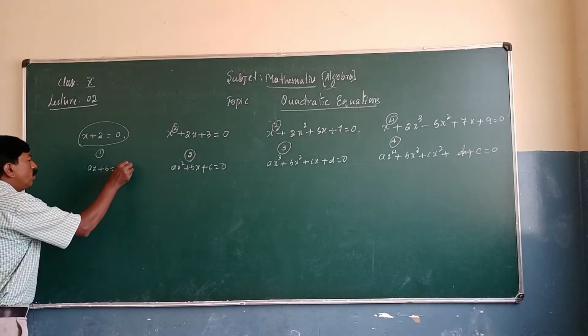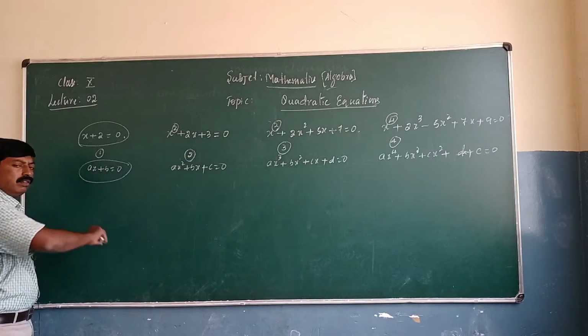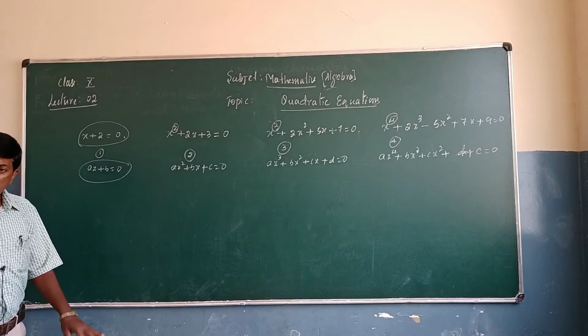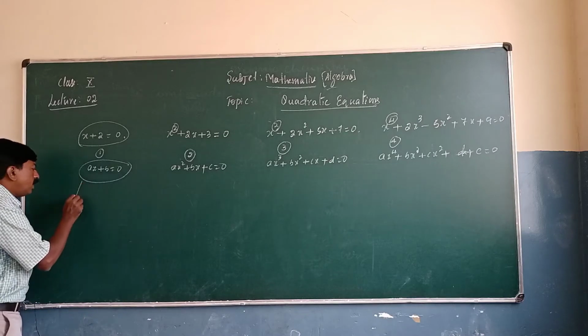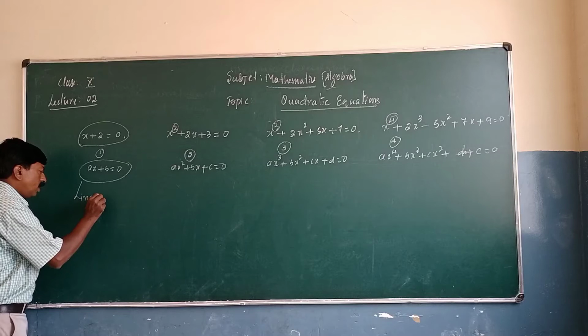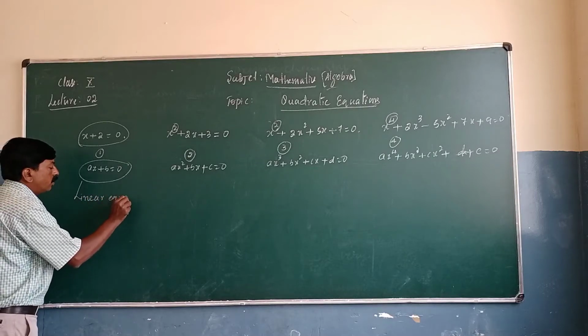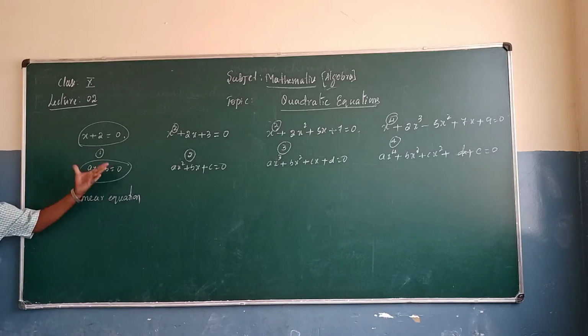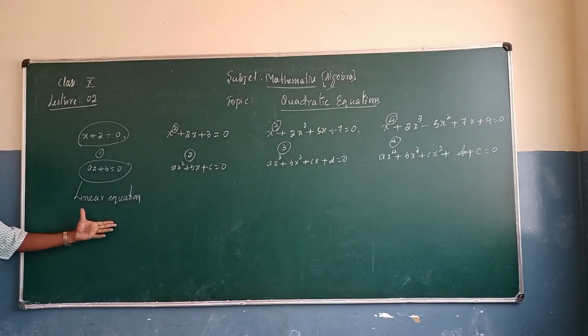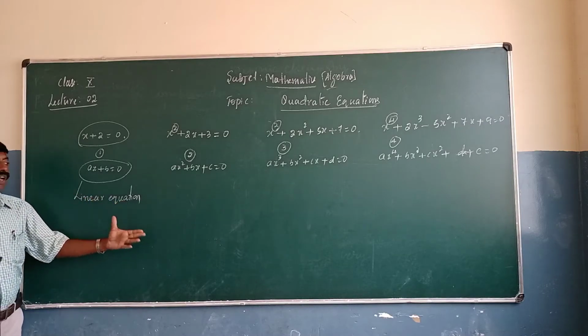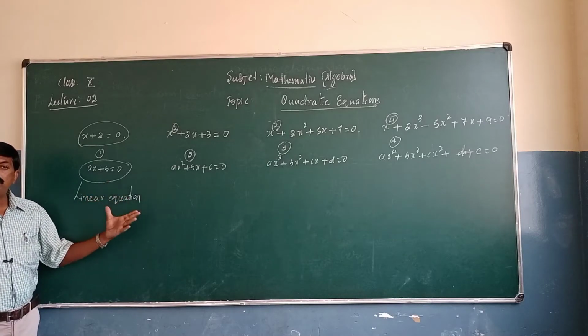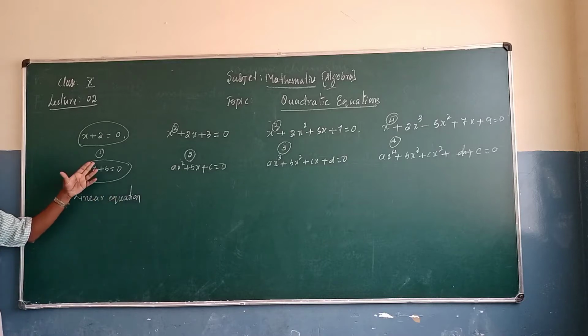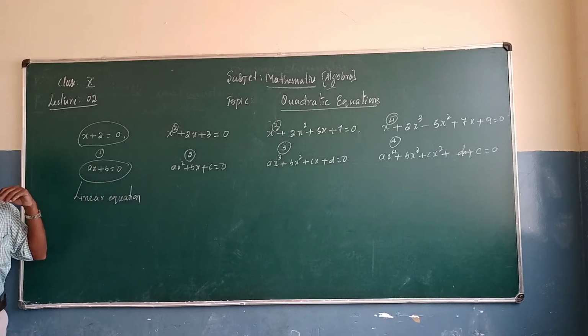Now, observe ax plus b is equal to 0 is an equation called a linear equation. I think you already know; yesterday also I gave the same example. Then what do we mean by a linear equation? An equation having a single variable with highest degree 1 is called a linear equation.